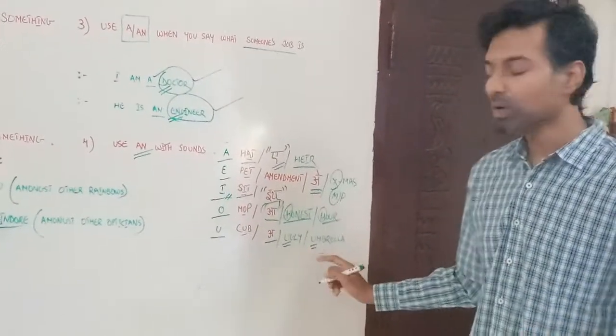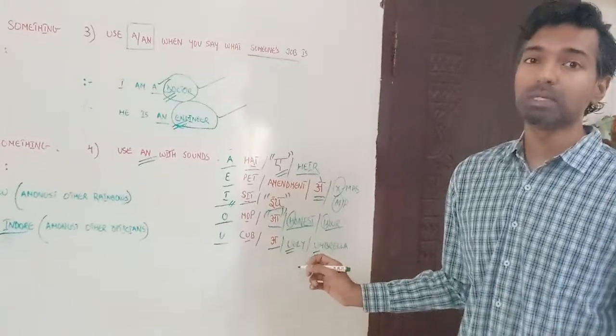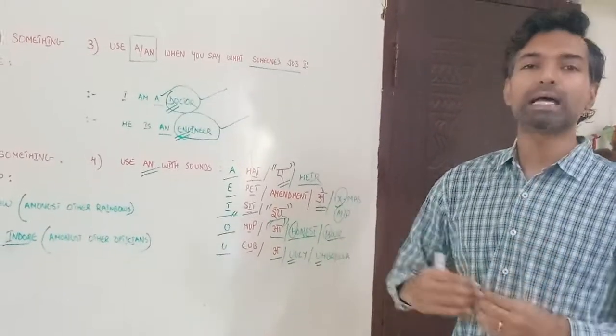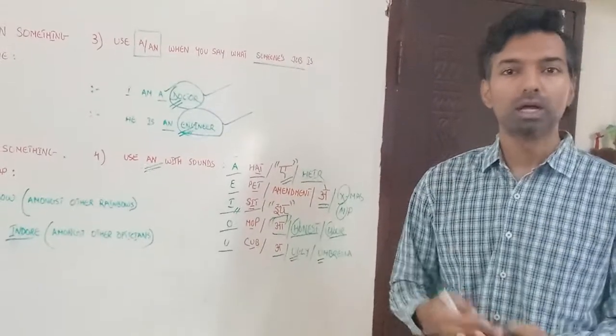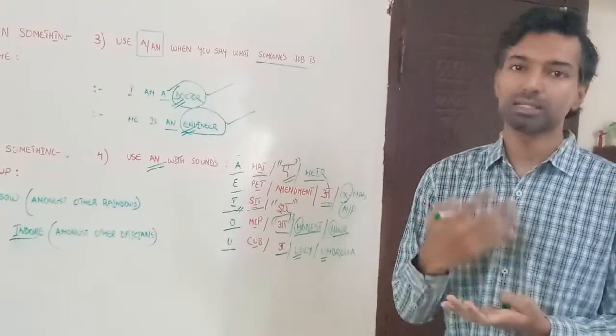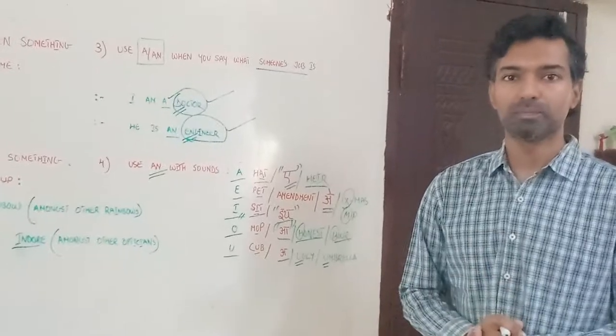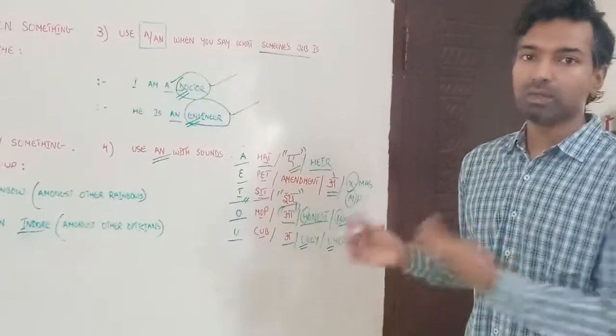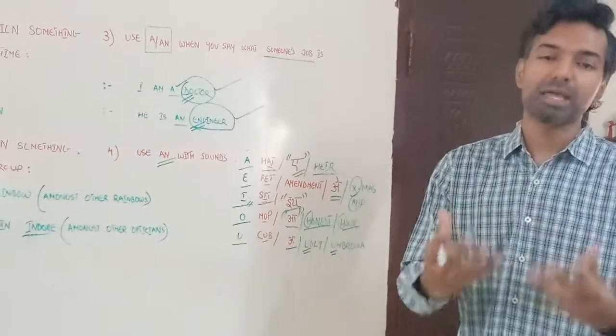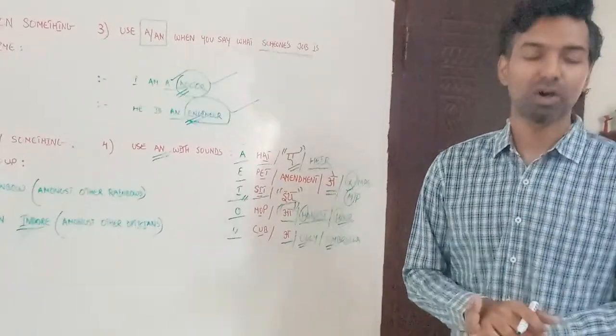I might probably sound a little weird, but the only attempt for this video is to make your fundamentals easier. So allow me to go ahead with these ways in which I am trying to work it out for you, for your convenience.